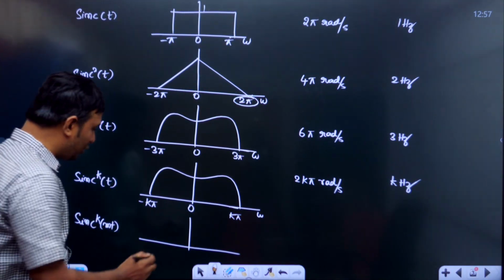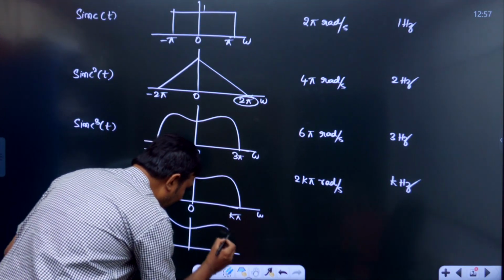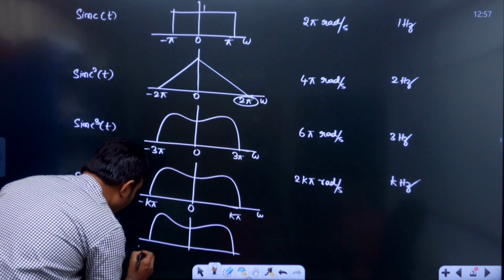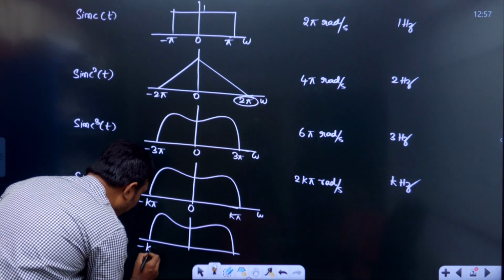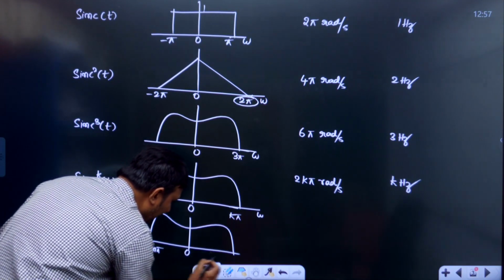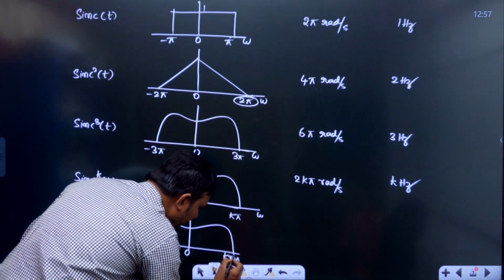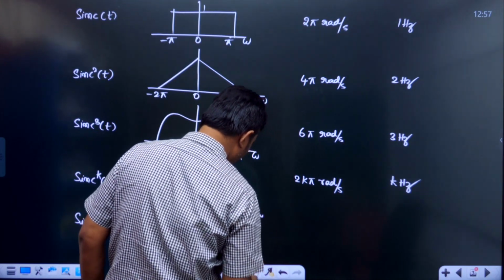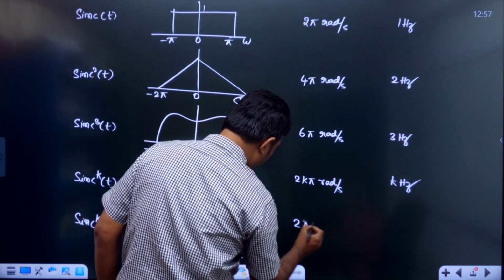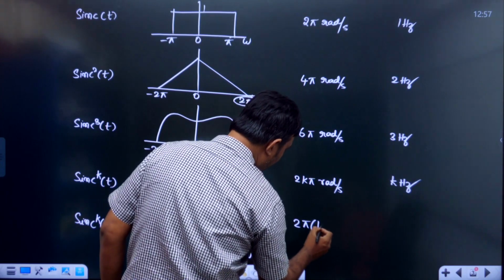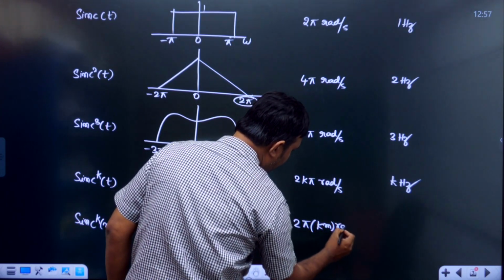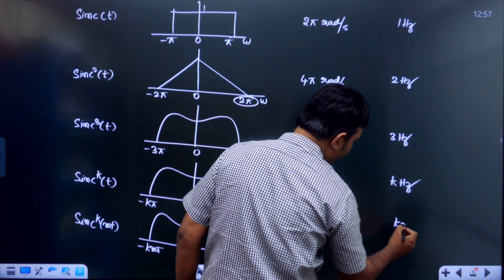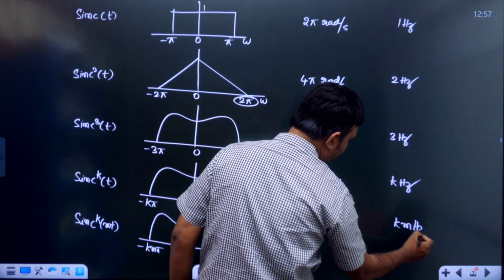K times means convolution will be done in the frequency domain. So here it ranges from minus km pi to km pi. So the Nyquist rate would be 2 pi into km radians per second. In terms of hertz, km, that's it, km hertz.